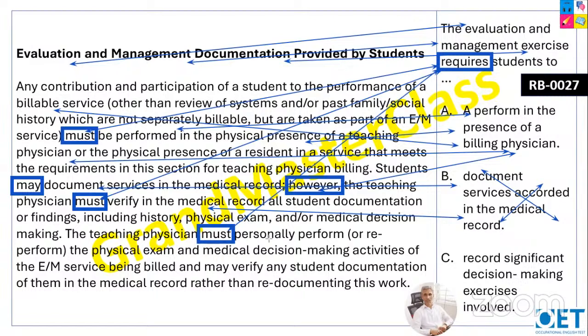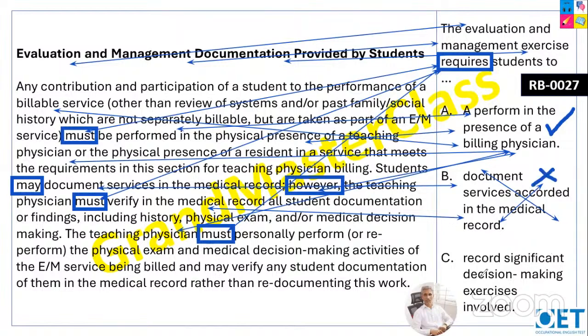Who is a must? Again, physician is a must. So everywhere it is pointing to the physician. So physician is there in A. Now let us see. Here, students in the presence of physician. Here only students, no physician.